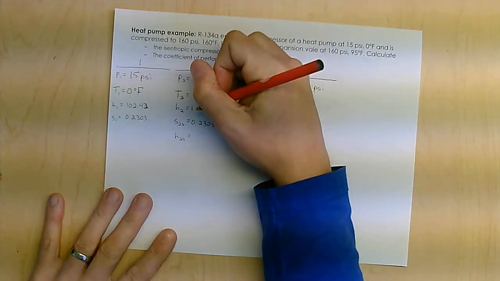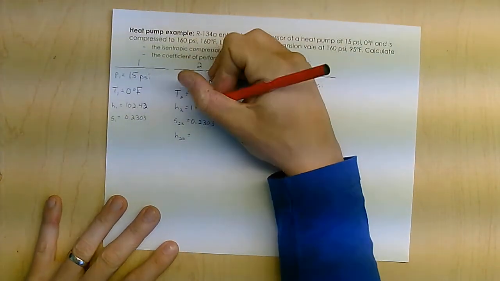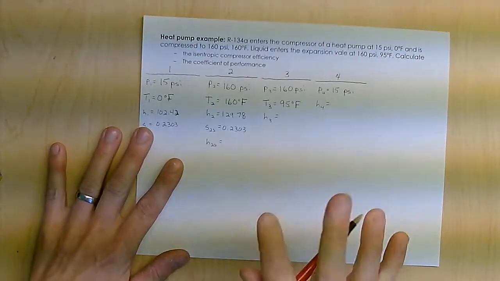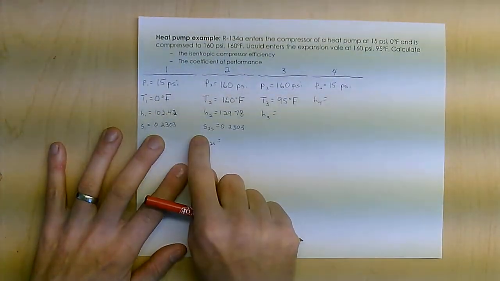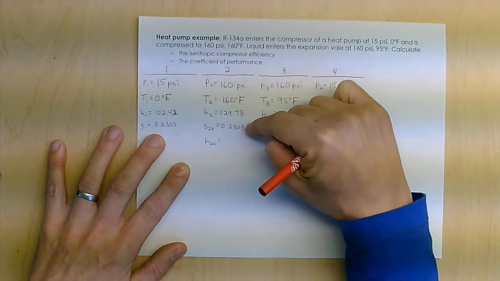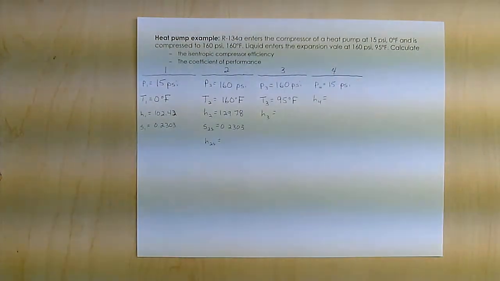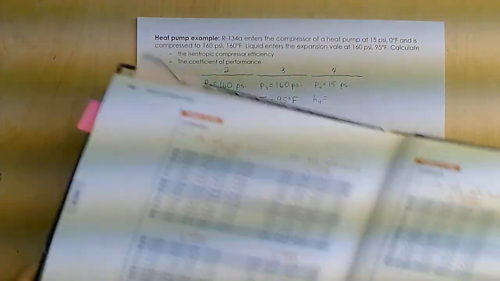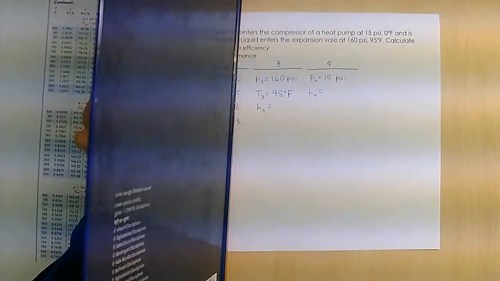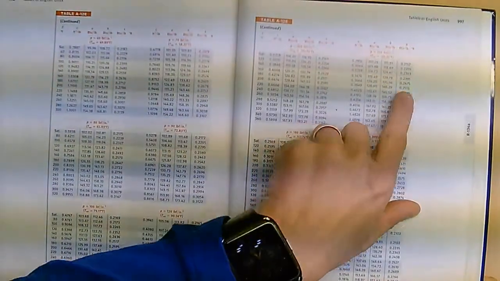Okay, so that's the actual H, 129.78. Again, I'm going a little bit backwards of the way that we usually do it. Now what I want to find is what it ideally would be, where I'm going to use this pressure and this entropy, 0.2303. So I'll go back here, and I'm looking for an entropy of 0.2303, which, fortunately for us, is actually given to us right here.